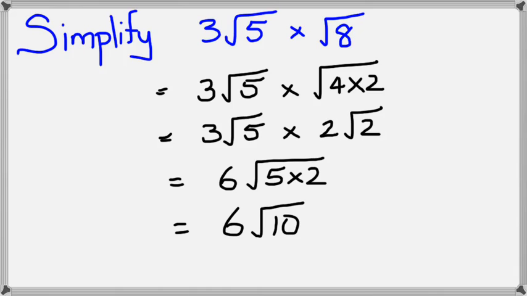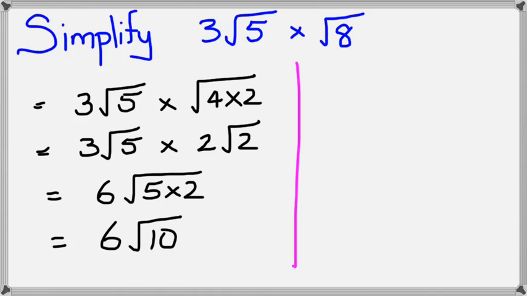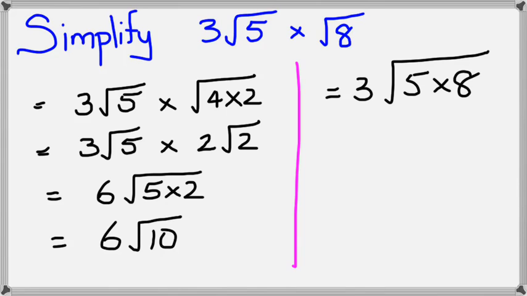Now, I could have done it the other way, which is, hold on, let me just move things around here. The other way would have been 3 multiplied by the square root of 5 times 8, which would make it 3 square root of 40.